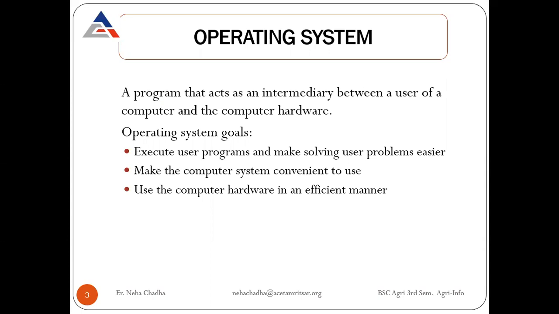That intermediate is known as operating system. So the definition: operating system is a program that acts as an intermediary between the user of a computer and computer hardware. That means it acts as an intermediate between us, the user, and the hardware.